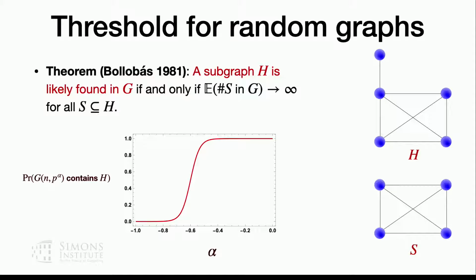So if you consider the probability of G(n,p) containing an H, then as you increase p, you get this threshold here. Up to some point, the probability is 0, and then once you reach a point where the expected number of S's goes from 0 to infinity, the probability becomes almost 1. Okay, that's enough about random graphs. Let's get back to codes.